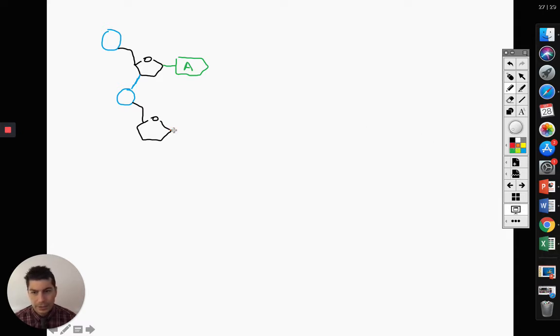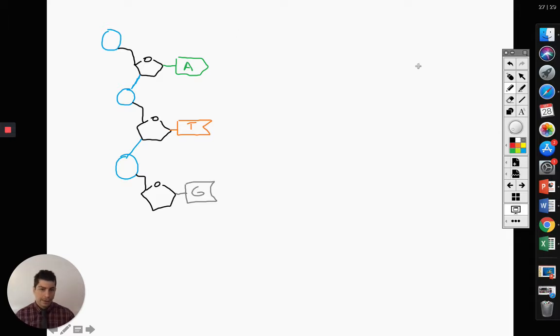And we're going to attach our next nitrogen base, and we'll make that one a T. I'll draw one more, and then we'll be done with this side, at least. And we'll make this one, I don't know, make it a G.